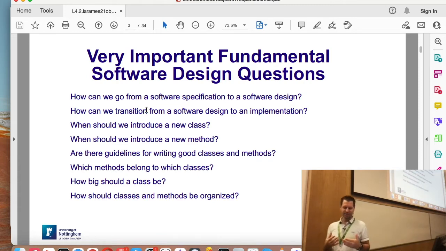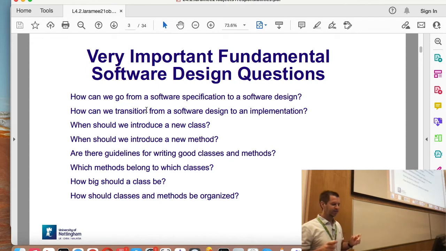So we're going to answer some very fundamental questions that some of you might know the answers to, but some of you might not. I'm guessing that most people don't know the answers to a lot of these questions. For example, how can we take a software specification and turn it into a design? That's one of the fundamental questions we're going to answer.